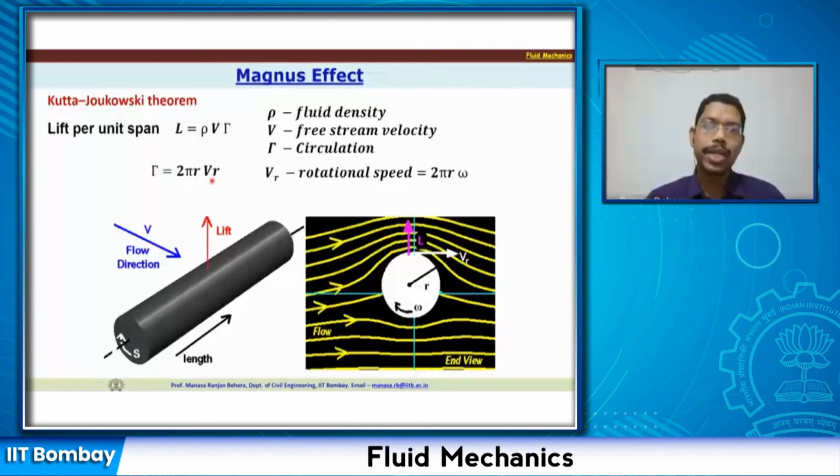Given that the cylinder is a certain length, we can always multiply this force. The lift force is calculated per unit span, so if the span is, let us say, 10 meters or 15 meters, we can multiply to find out the total lift force. All right, so this is understood.